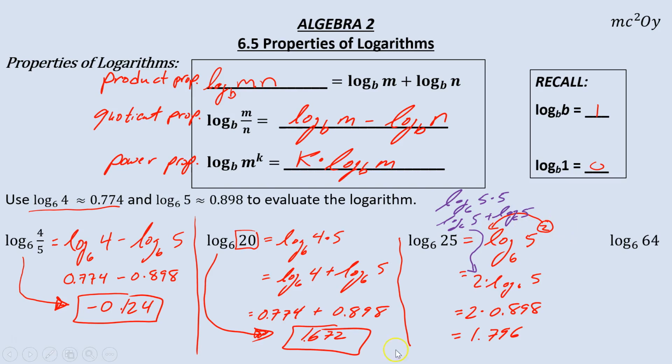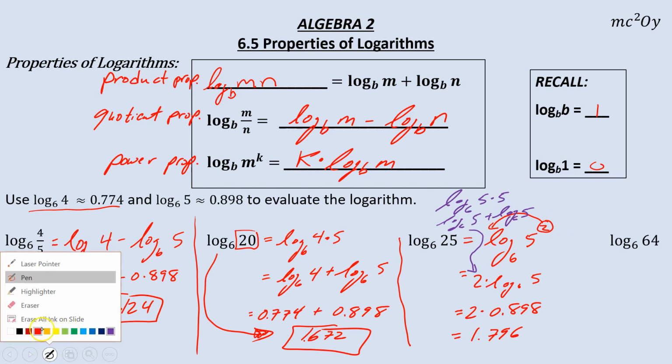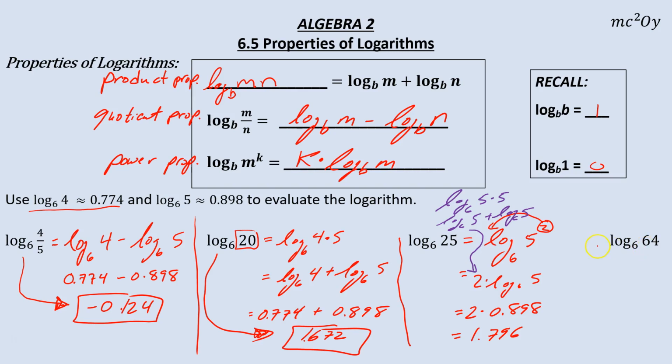All right. Last one here. Notice 64. To write it with either 4 or 5, we have to think to ourselves, well, 4 goes into that 16 times, so 16 times 4. Or you could think of 64 as 4 to the third power.